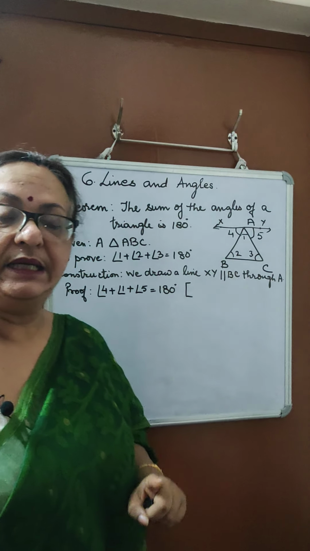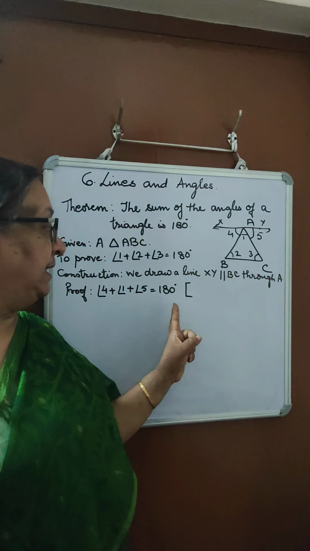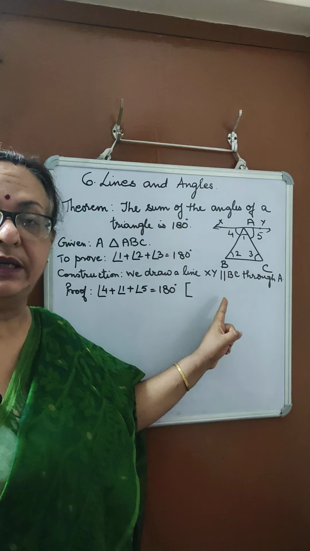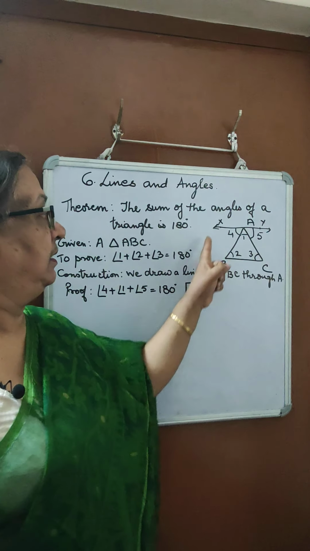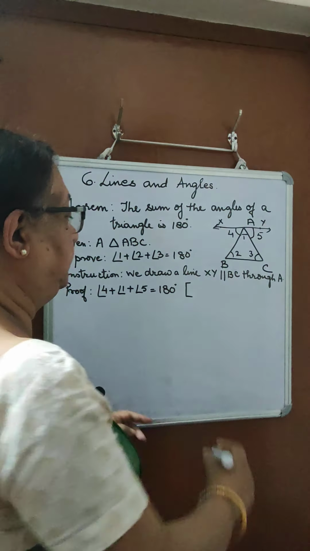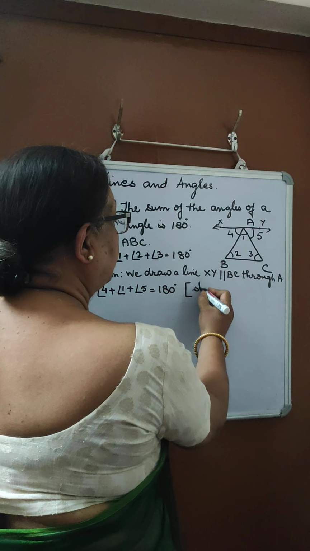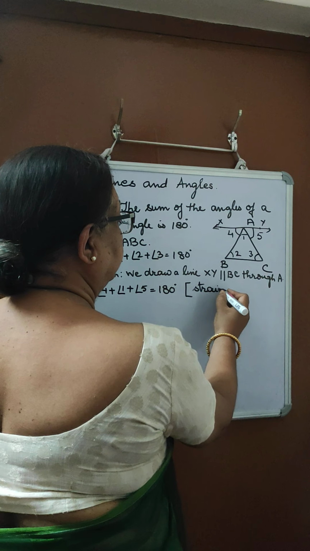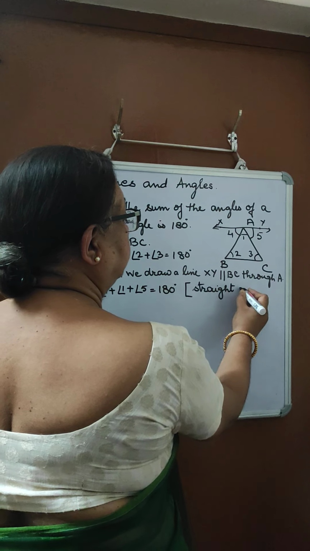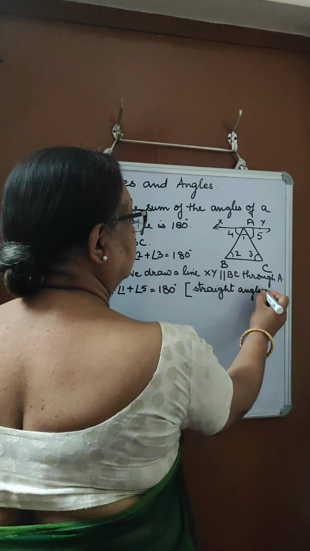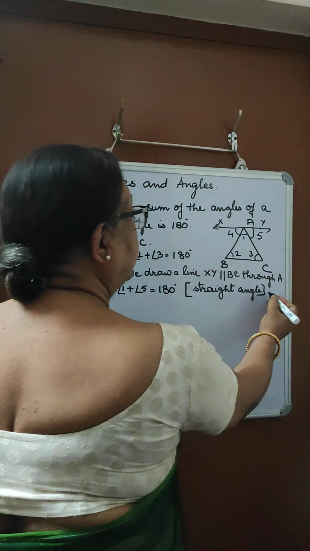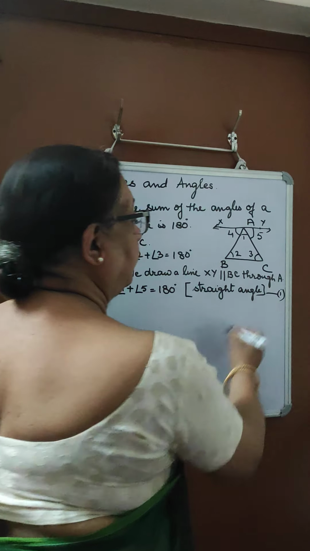Can we write it as 180 degrees? Yes, but we need to write the reason. Why is it 180? This is a straight angle. So write down the reason, straight angle, and put this equation number 1.